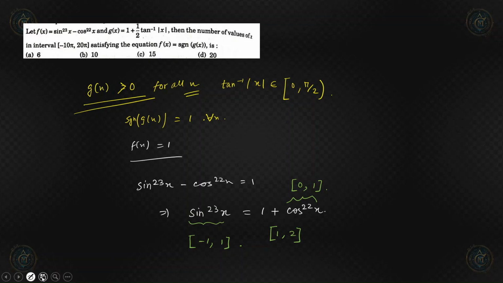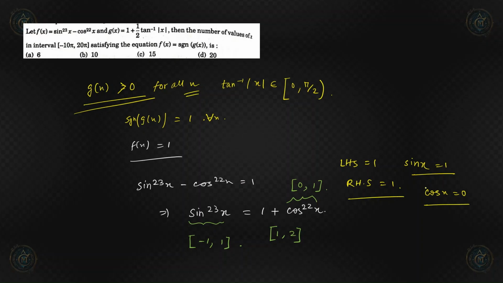So we must have LHS equal to 1 as well as RHS equal to 1. That means sin x should be 1, and cos x should be equal to 0.